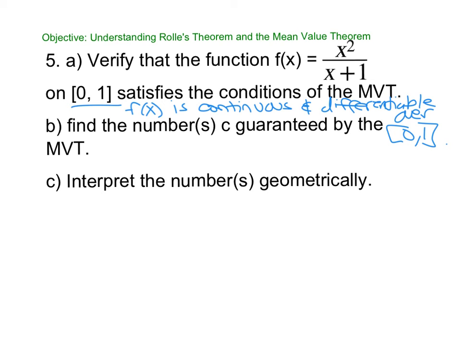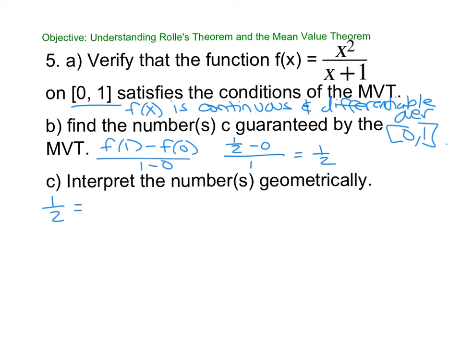All right, so I'm going to find my f of 1 minus f of 0 over 1 minus 0. So f of 1 is 1/2. F of 0 is 0, so I get a half. I'm going to set that equal to the derivative. I'm going to use my part C. The derivative equals derivative of the top times the bottom minus the top times the derivative of the bottom, over the bottom squared.